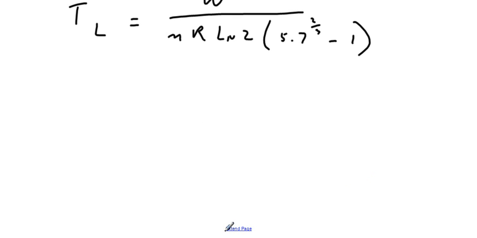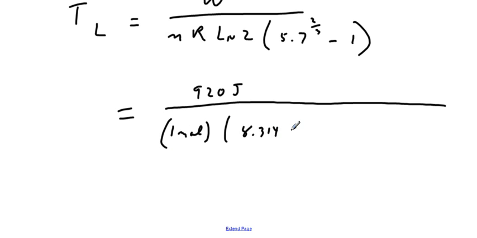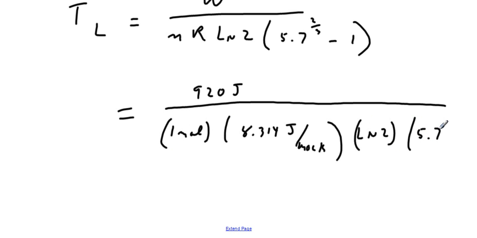Alright, so now I know I can put in all my values, because I know that work was 920 joules, and I've got 1 mole, and I've got 8.314 joules per mole Kelvin, and I've got a natural log 2, and I've got a 5.7 to the 2/3 minus 1.